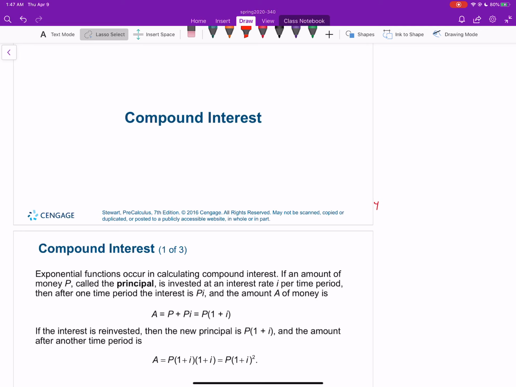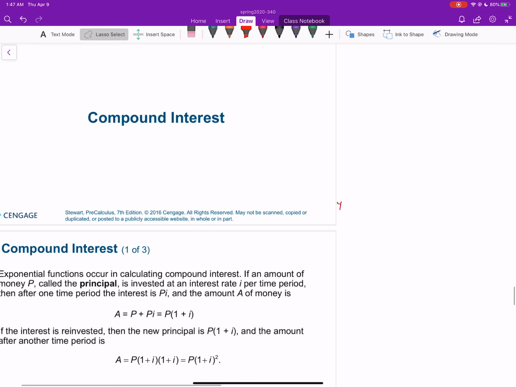So let's do a little proof and let's see. The amount that you deposit at the bank, we're going to call the initial amount, which is called the principal, which is represented by the letter P. The bank is going to tell you that they're going to invest your money at a certain interest rate, which is normally a percentage.